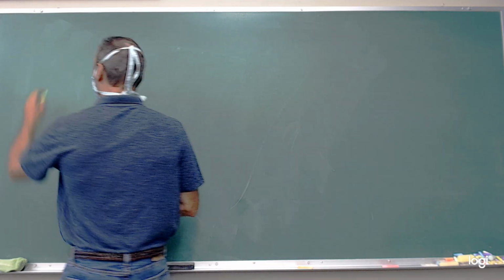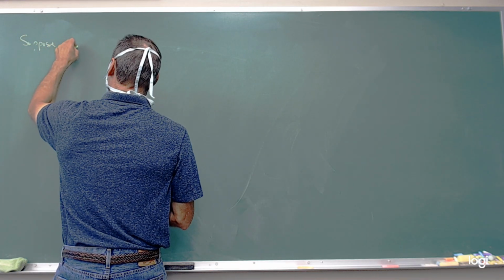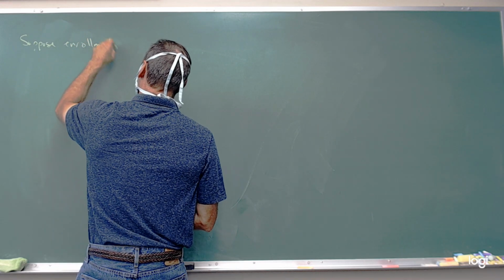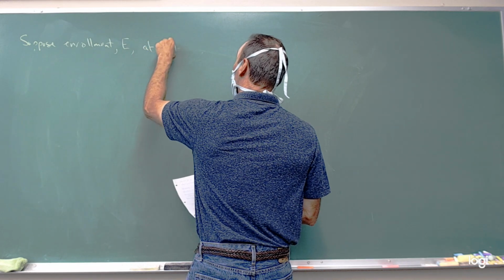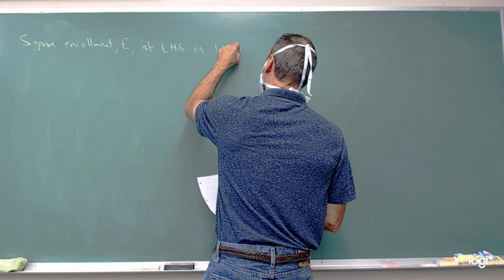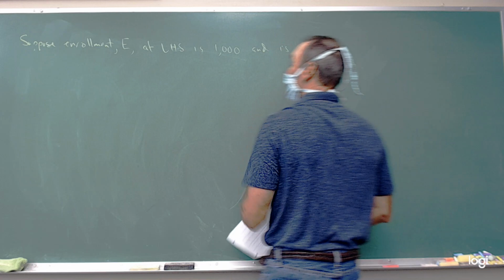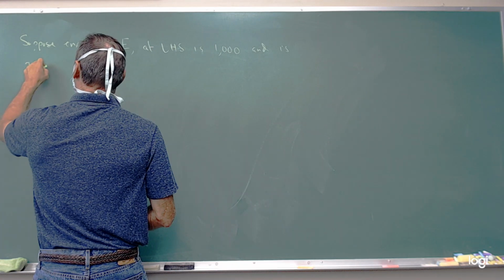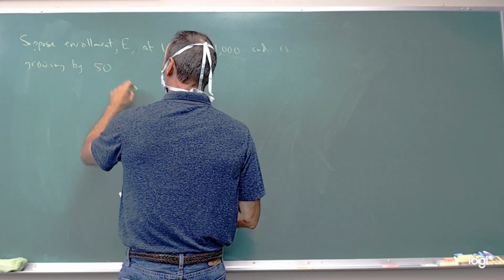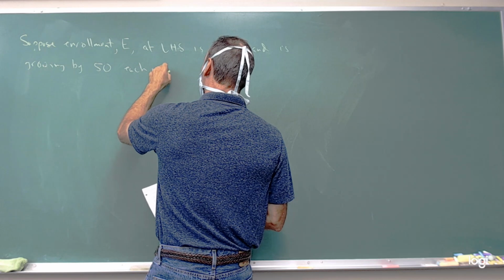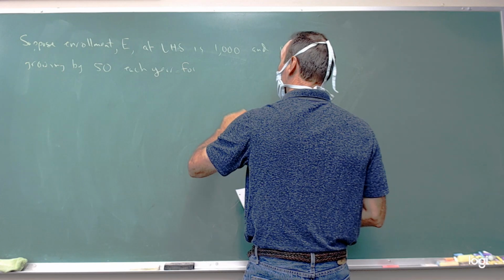So suppose that enrollment, which we will call capital E, that's Laramie High School, is 1,000 and is growing by 50 students each year. For the next 10 years, we'll say. Probably not forever.